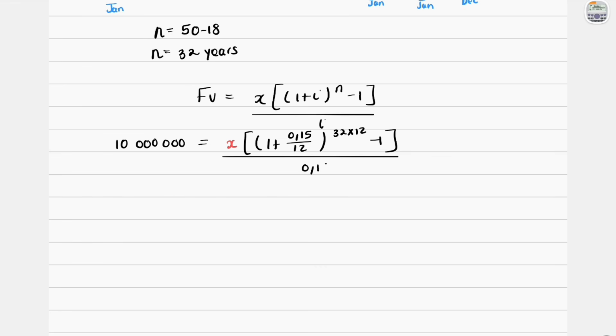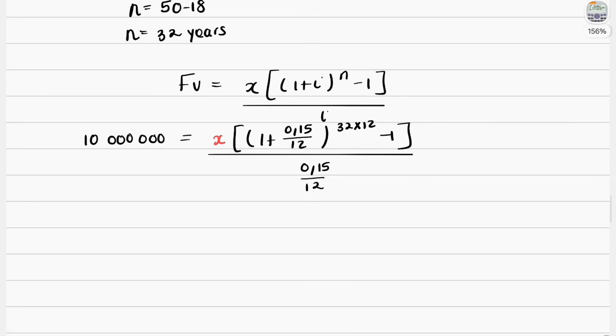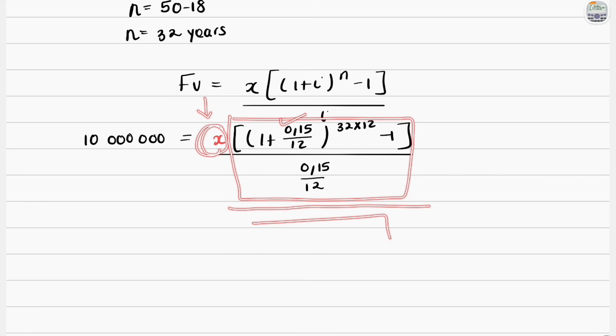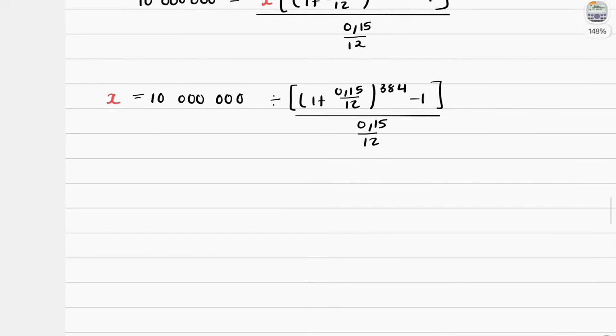Okay, so with this type, it's a type where we can easily find the value of X because X is just a value being multiplied by all of this. So if we need to get closer to the X, we need to divide by this number. So we'll say this entire number, divide both sides by it, and we're really just saying X is equal to 10 million divided by all of this. Okay, so it will look like this.